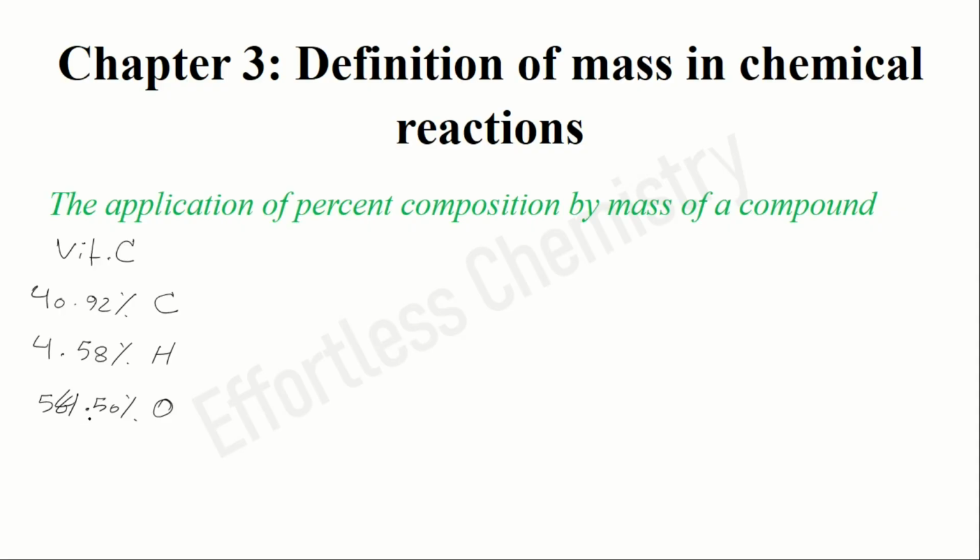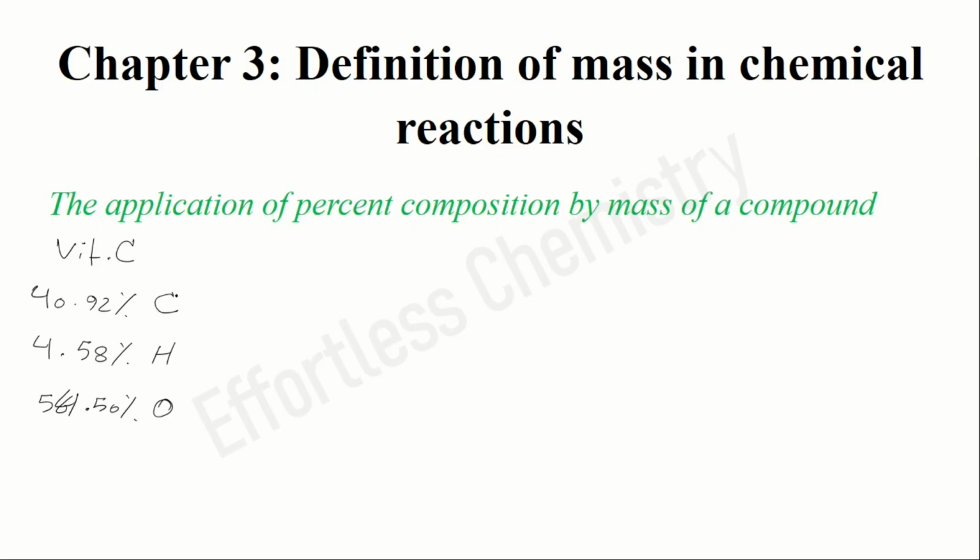Determine its empirical formula. First, if we have 100 gram of vitamin C, then each percentage can be converted directly to grams. So based on 100 gram of this compound vitamin C, we have 40.92 grams of carbon, and in the following 4.58 grams of hydrogen and 54.50 grams of oxygen.